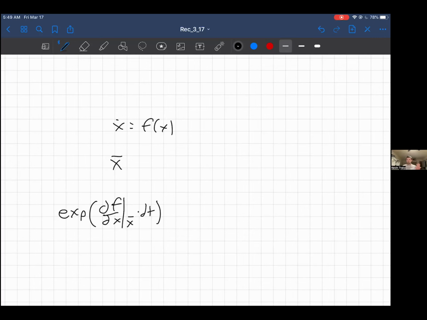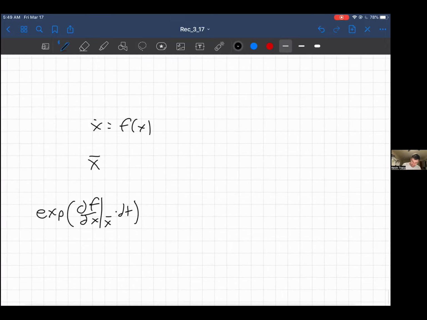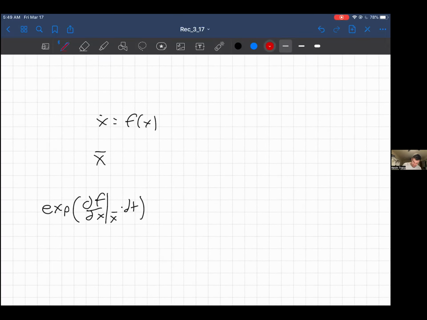So we're comparing taking the matrix exponential of this Jacobian, which is the bad way. And the good way would be to just take the discrete time system.